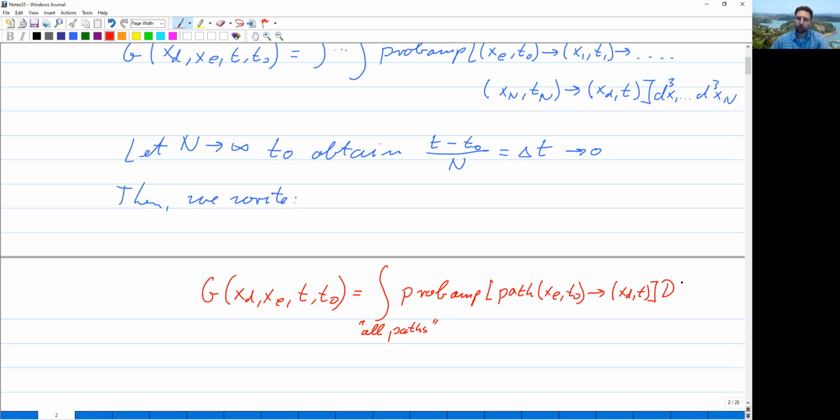And then we symbolically write here dx of t. We are summing over all possible paths. For each path, we calculate the probability amplitude, and then we have to sum it up for all paths. So this is the Feynman path integral.